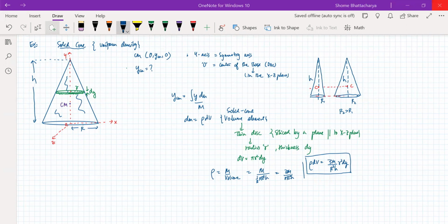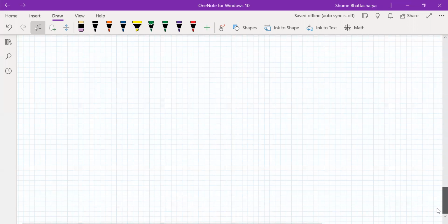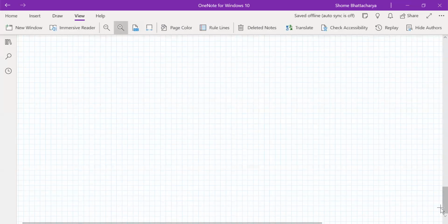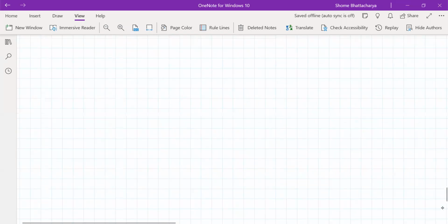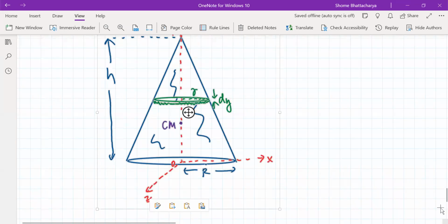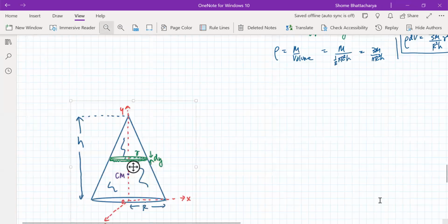Okay, now what we'll do is, instead of taking the position of that disk from the base, we will take the position of the disk from the apex. So we'll just reverse our axis. The advantage of doing that is that we can then relate that distance very easily. I'll just show you what I'm trying to say.